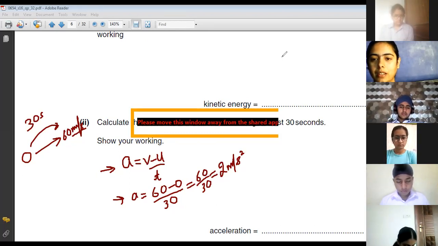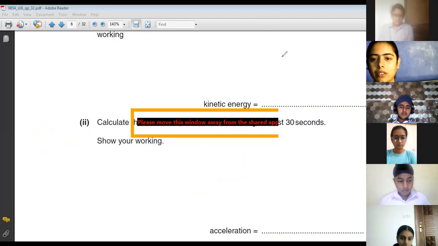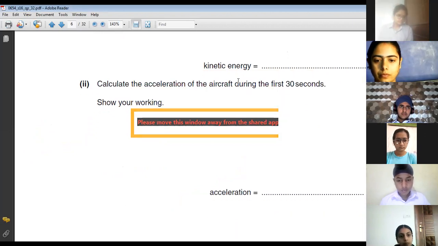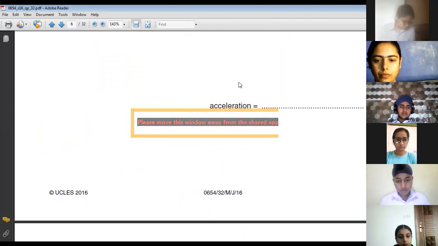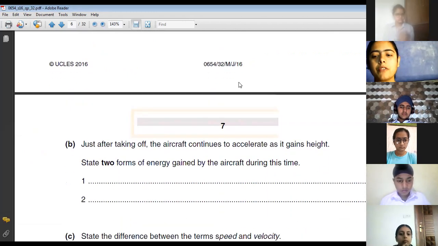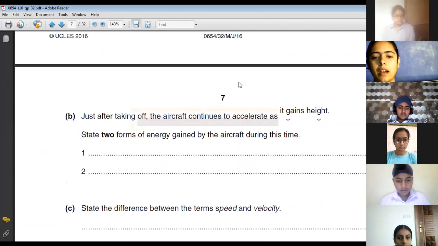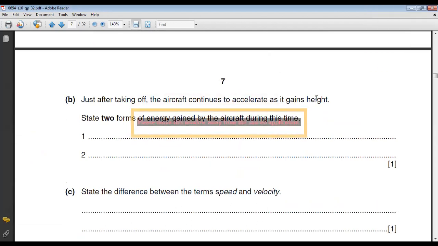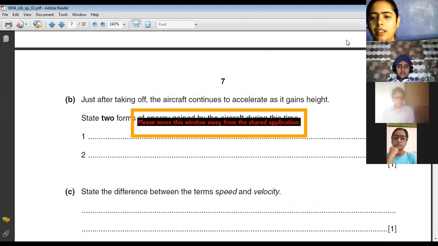Chalo. Let's move on with the next question. Just after taking off, the aircraft continues to accelerate as it gains height. State two forms of energy gained by the aircraft during this time. Very, very good question. 1 mark.